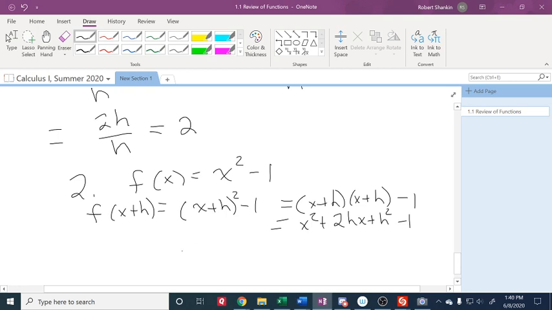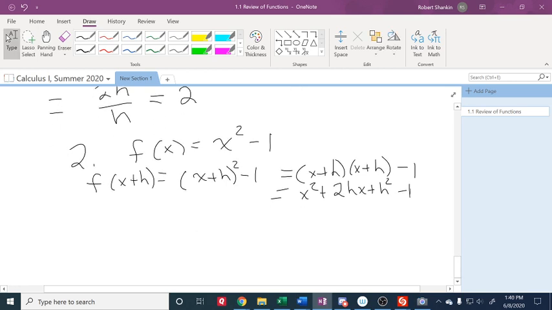Alright, so that's the only part, if I was trying to be efficient, that I would really write out beforehand. And then I would go to my difference quotient like this. f of x plus h minus f of x, all divided by h.